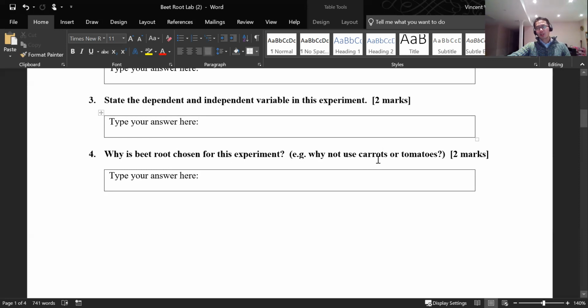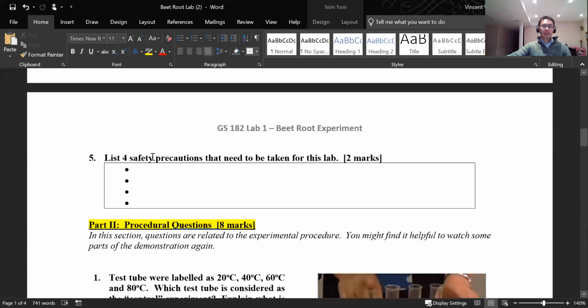Carrot is probably too hard to cut. And tomato, if you ever cut tomato, it's very watery on the inside, so it's hard to get these uniform chunks. So those are some reasons why beetroot is more suitable than the carrots and the tomatoes.